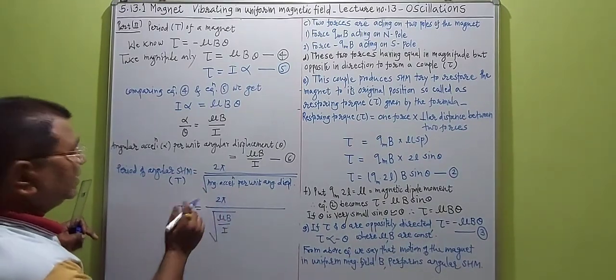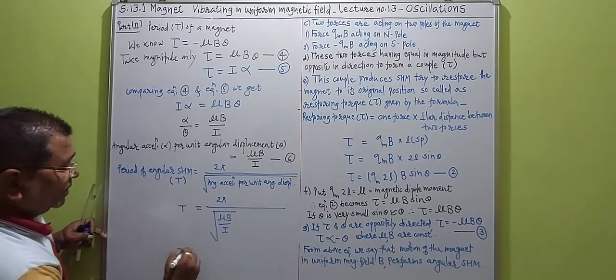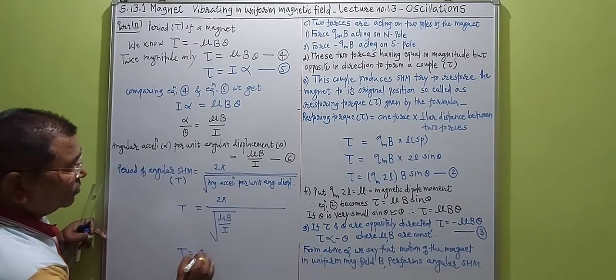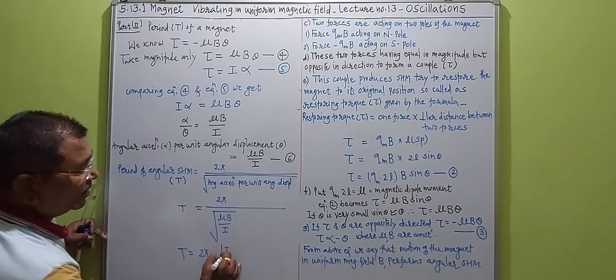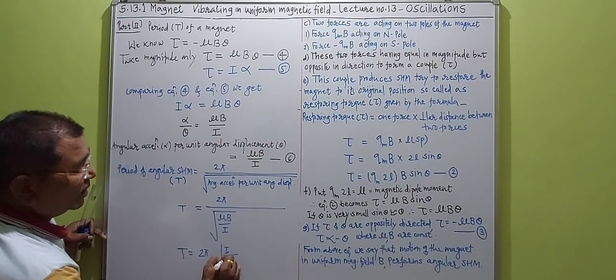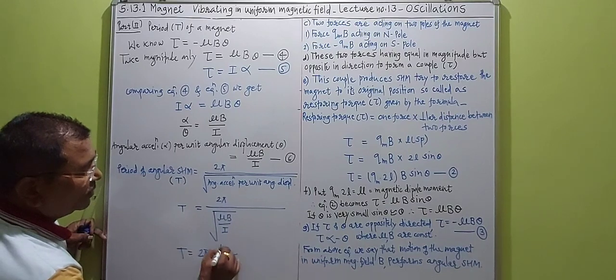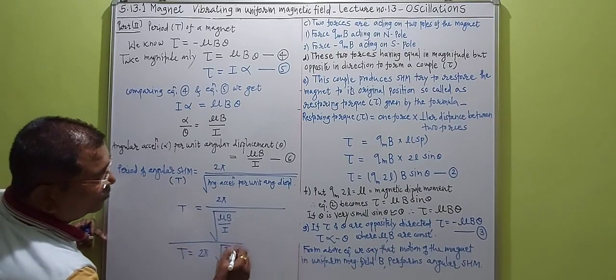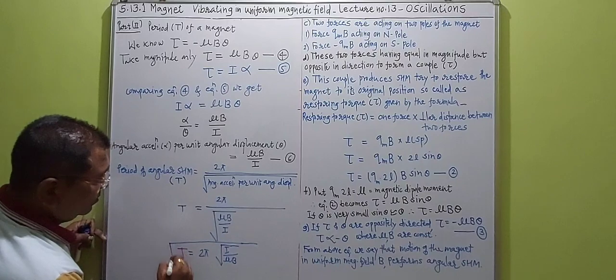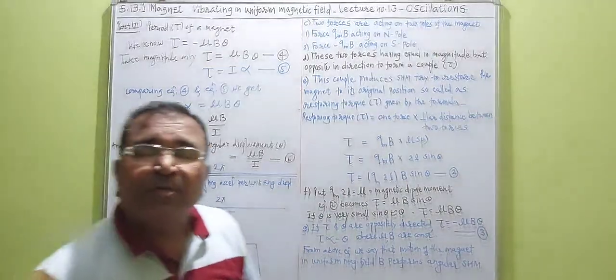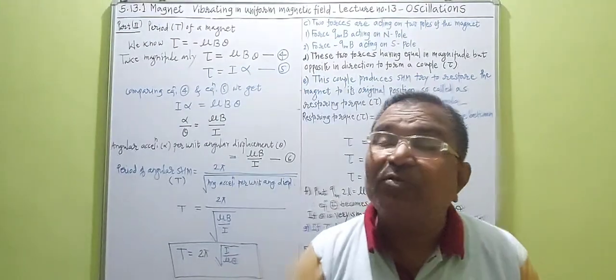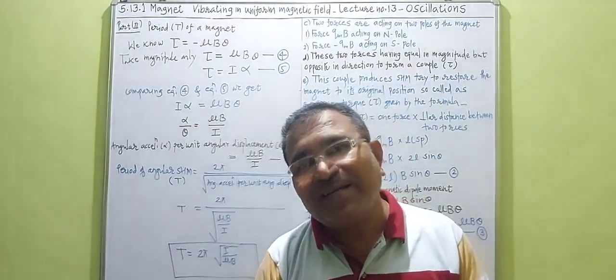And by reshuffling this equation, we get capital T is equal to 2 pi square root of I upon mu into B. By making use of this formula, we can derive the period of a vibrating magnet.